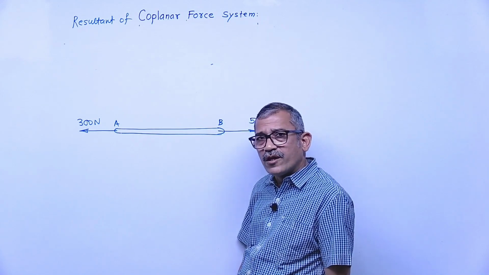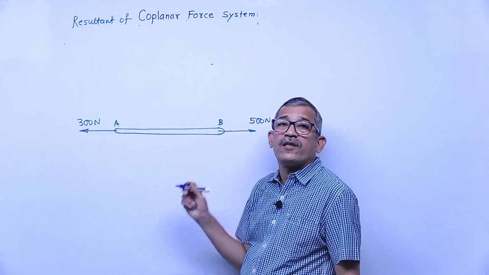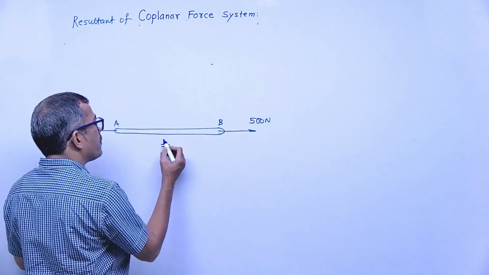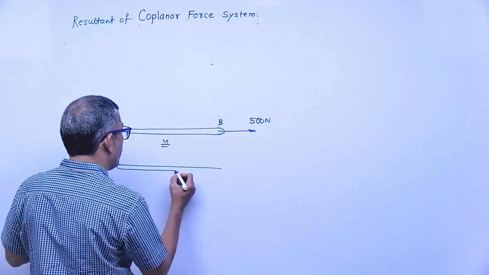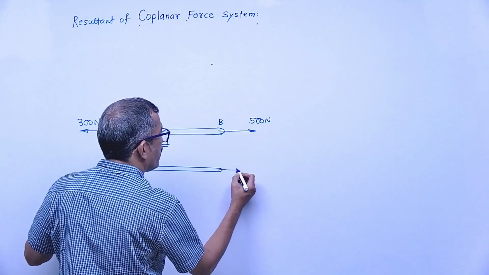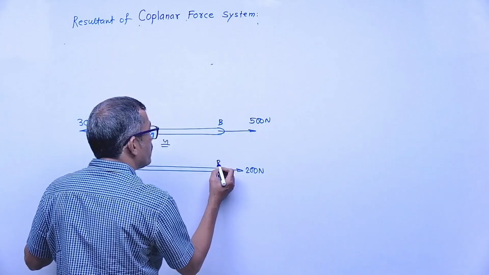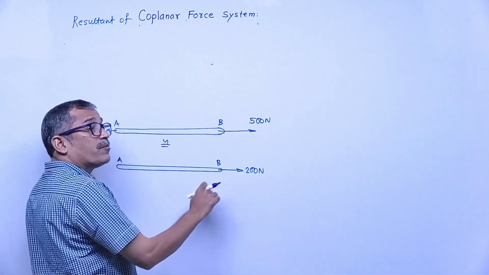Can you say what 200 means? These two forces can be replaced by a 200 Newton force in the rightward direction. If I replace these two forces by this single force at B, the direction is also the same, it should not be leftward.